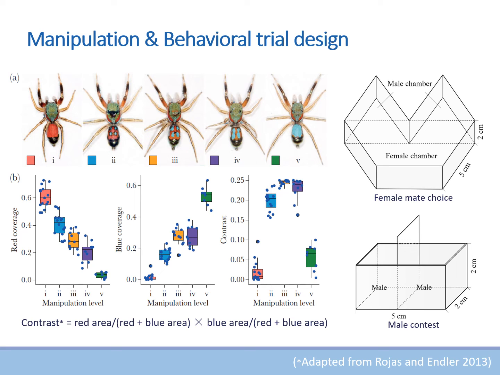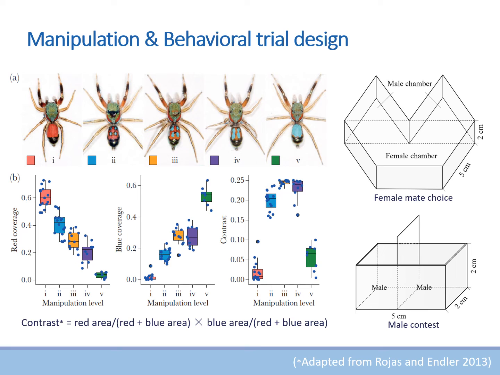And when the contrast value is small, it means that the spider is bearing a sole color, which is either completely red or completely blue.